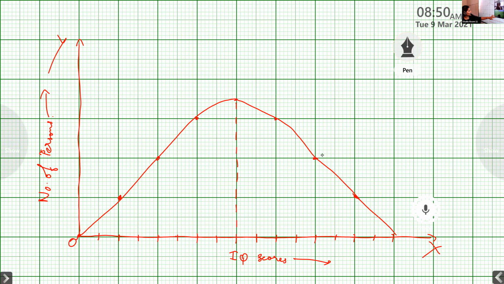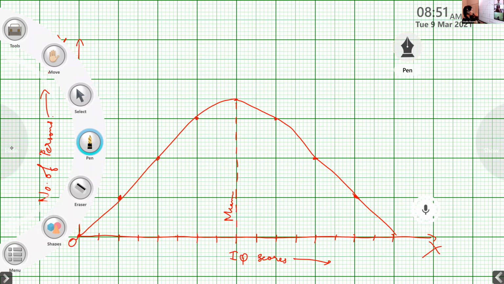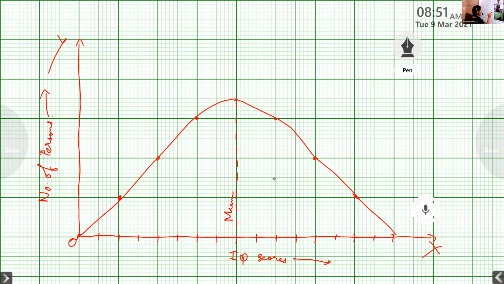So from the figure itself, you can understand that more number of people, as depicted by the number of persons on the y-axis, have the average score. This will come up to 100 in the general population.